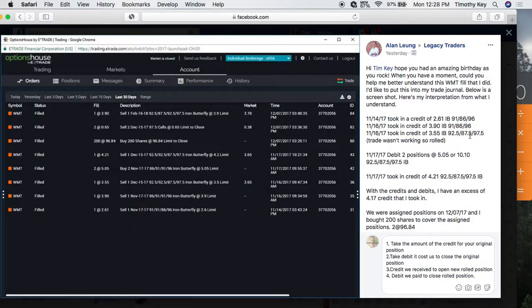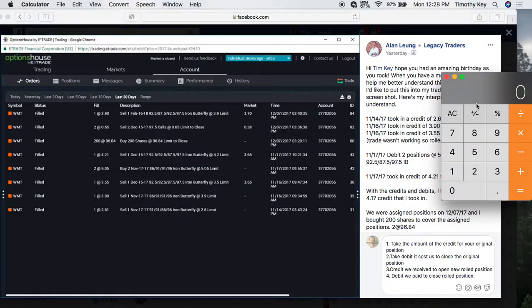So let's find that. Step number 1 is where we're on. 261 plus 390 is 651, okay? So now step number 2, we're going to find the debit it costs to close the original position. You can see up here, the November, you bought 2 to close, you paid a debit on the November 17th right here of this trade, and you paid 505.